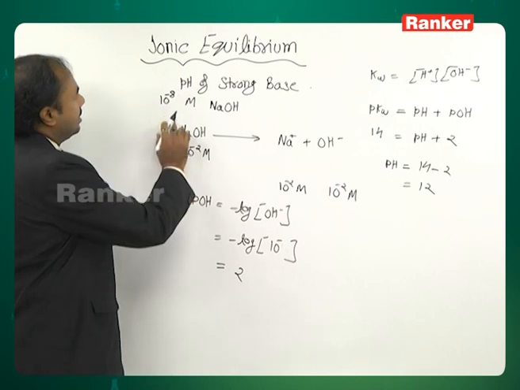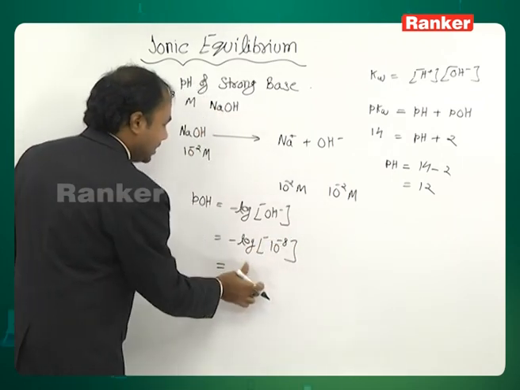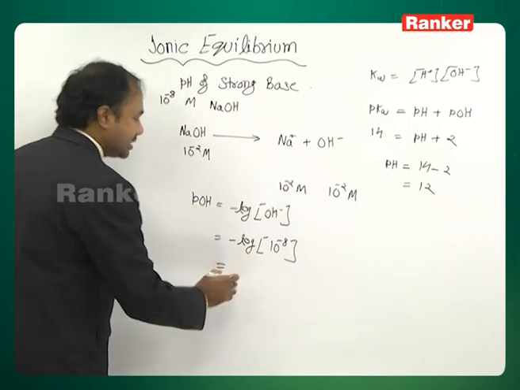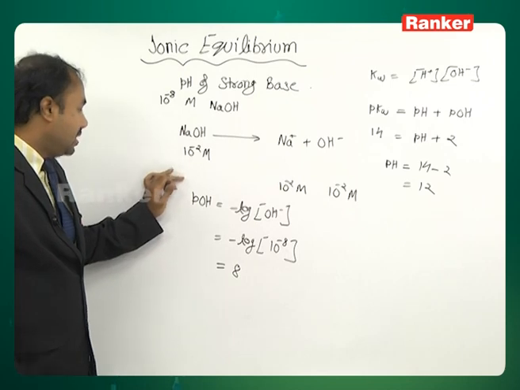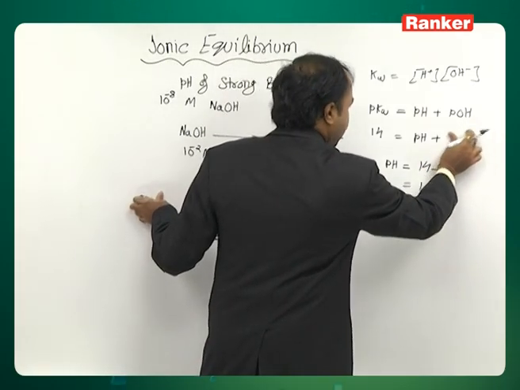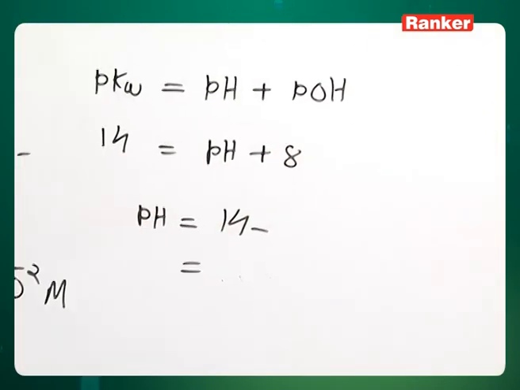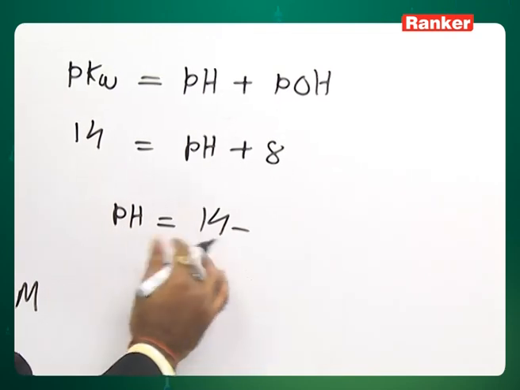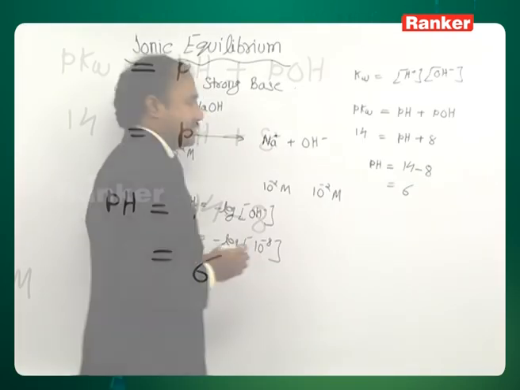See, this is 10 to minus 8, we substitute here 10 to minus 8, as a result pOH comes out to be 8. Got it? We substitute pH equal to 14 minus 8, and surprisingly pH comes out to be 6.